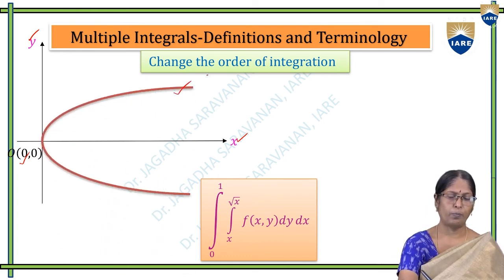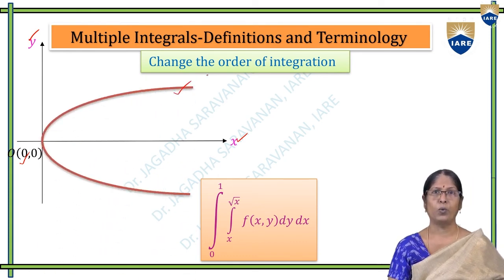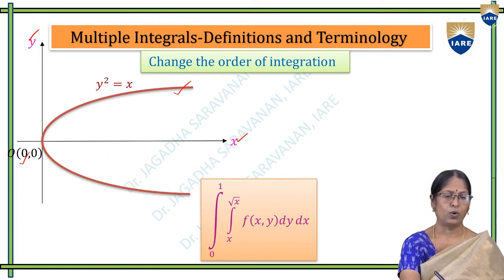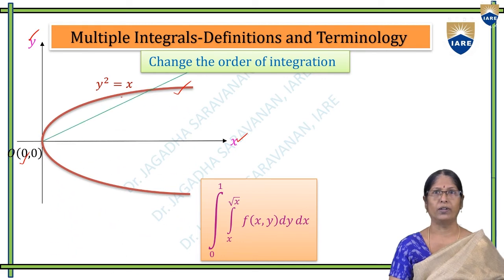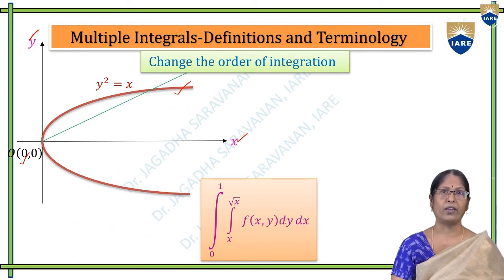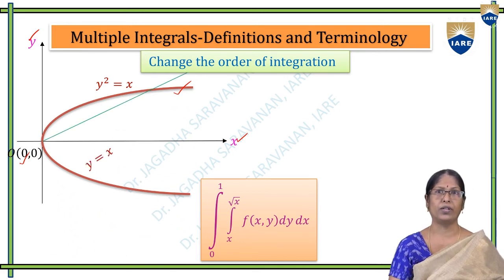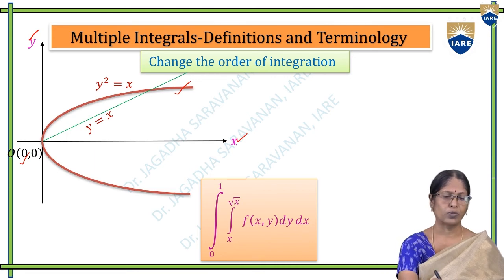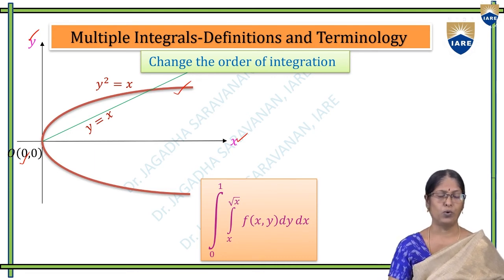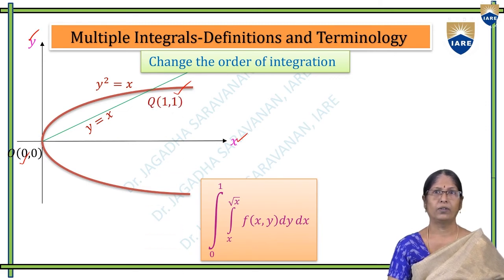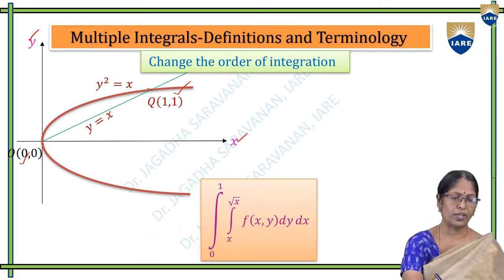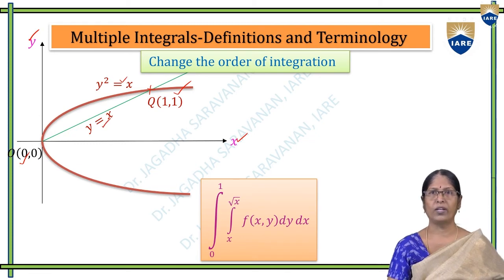We can see the parabola, a curve which cuts the x-axis, that is x equal to y square, and a straight line from the origin which moves, touching the parabola: the straight line y equal to x. The intersecting point, if you solve these two curves, we will get 1 comma 1.